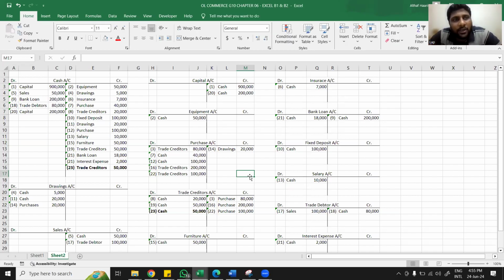In your cash account, how many lines of space do you have, people? Just two. One line.